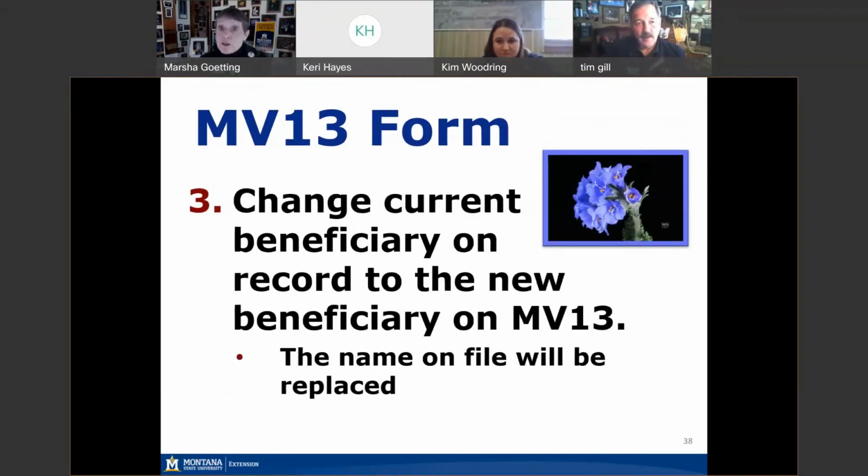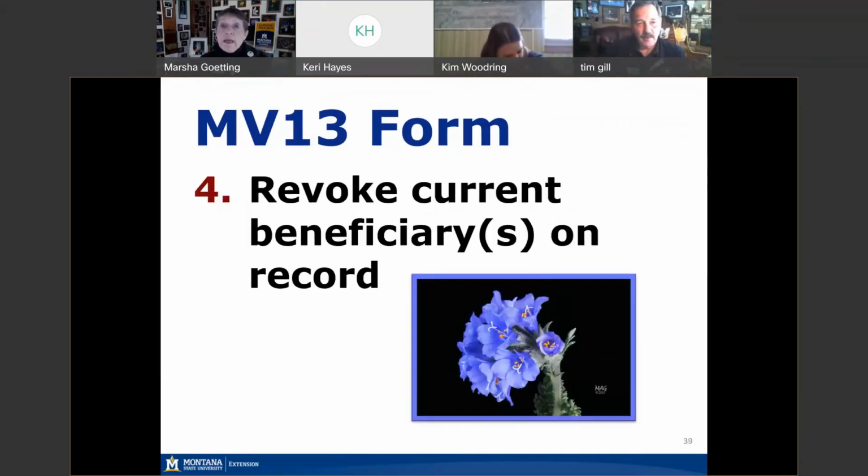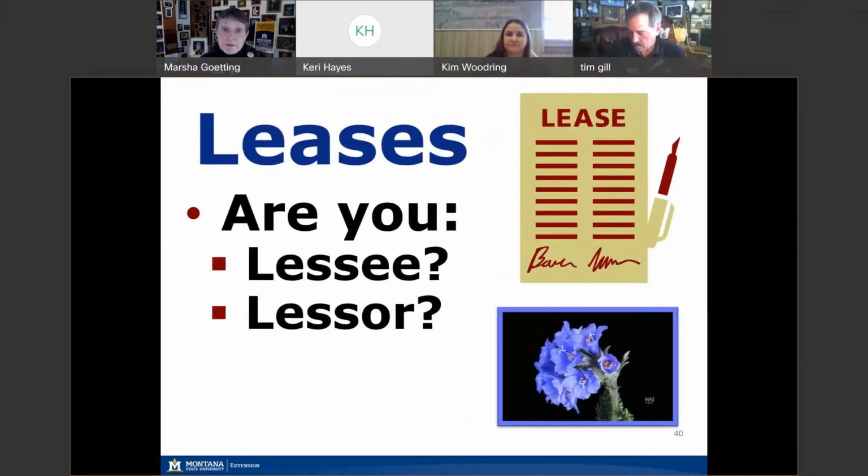You can also change once you get one. You can add one with this new MV13 form, and you can also revoke current beneficiaries on file. So the neat thing about the MV13 form is that's another one that you need to have in your letter of last instructions. Where did you put it?